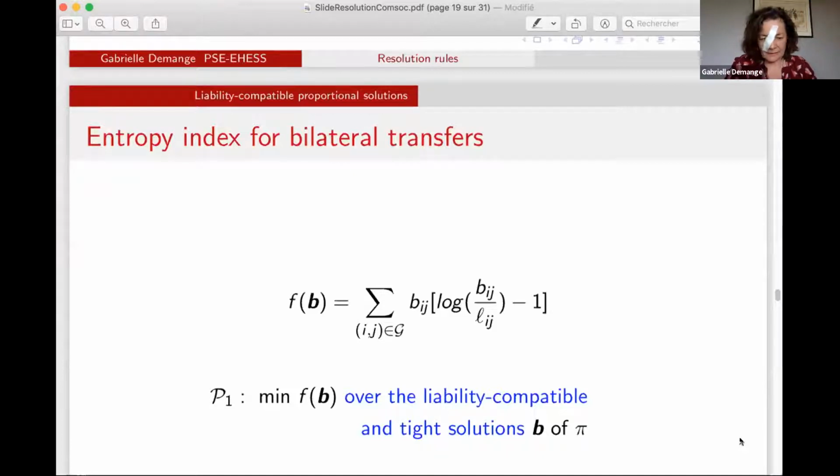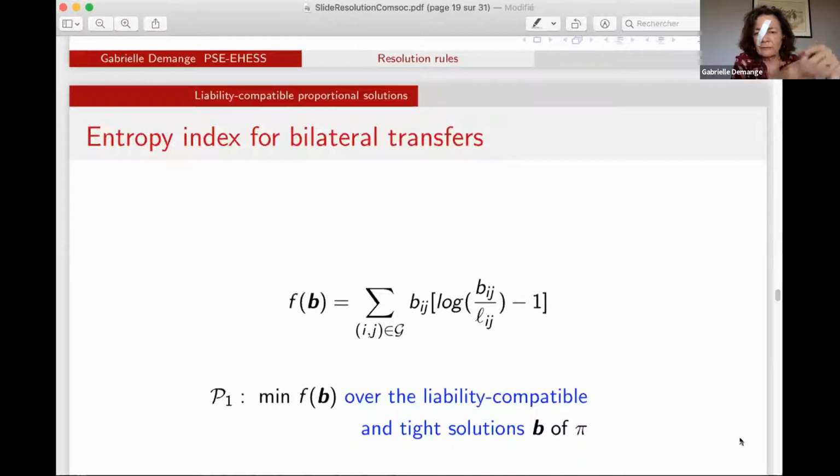So what is this entropy index? Just to be more precise, it's a sum of a combination of Bij, which is a transfer of I to J, and the log of the ratio of Bij to Lij. It has been used in many different problems to define fairness.